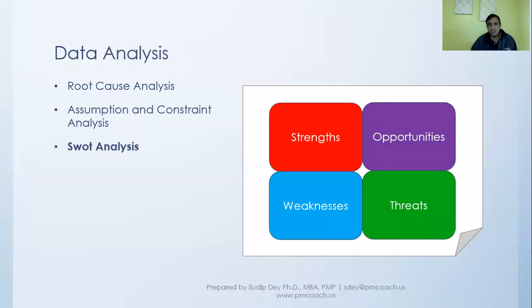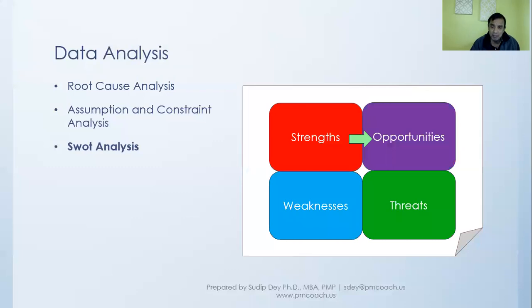So in risk analysis, or identifying the risk, we look at the strengths in the organization that can give rise to opportunities. And remember, opportunities are our positive risk.